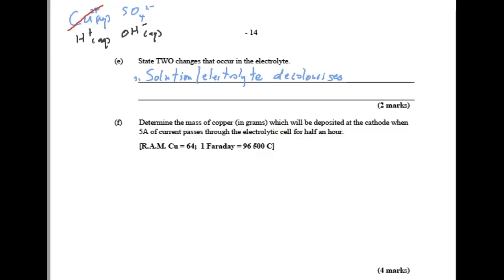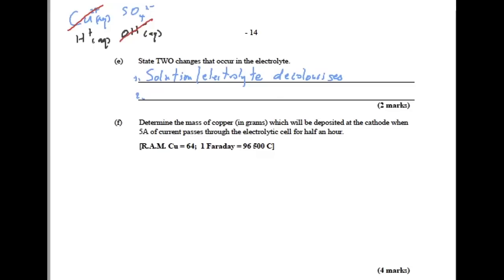Now for the other change, we have to look at what is being liberated as well. We are also removing OH minus ions from the solution, because we stated in the previous question that OH minus ions are liberated preferentially. When OH minus ions are removed, the only thing we're left with is H plus and SO4 2 minus ions, and these are all aqueous ions.